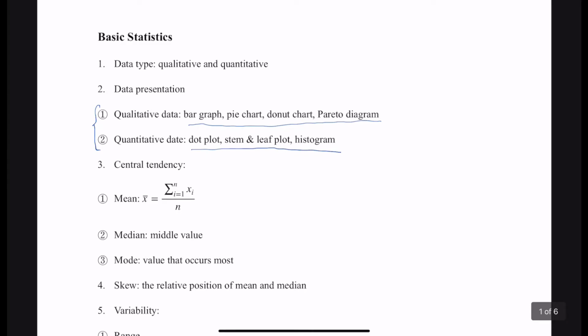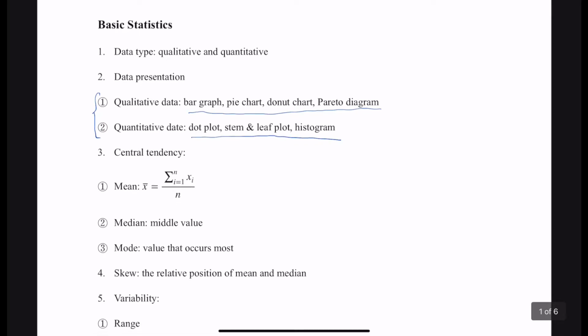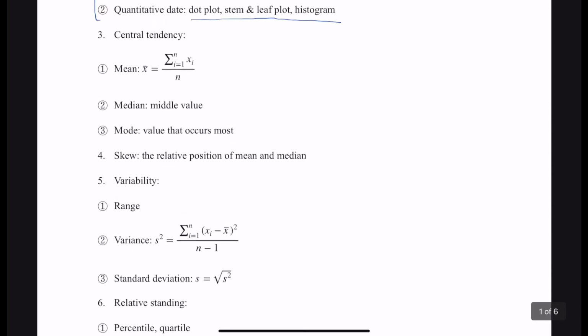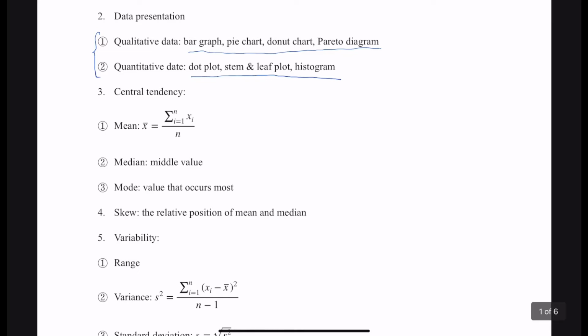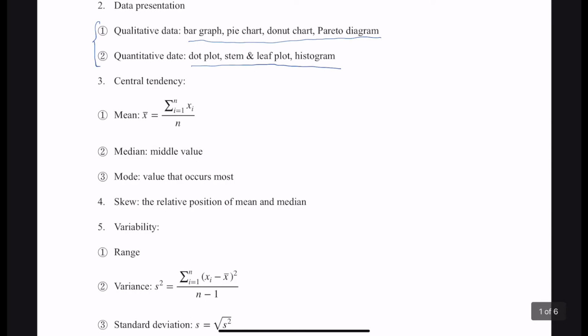So we have charts and graphs to present this data. And we also have other numerical measures to present the data. Basically, there are three types of numerical measures to describe and present the data. The first one is central tendency.